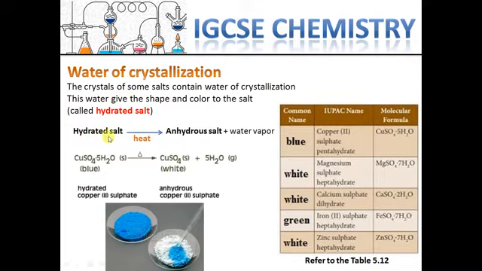Okay, but when we give a heat to hydrated salt, the water can leave the salt in form of a vapor or a steam. The salt loses their shape, their crystallization, because the crystallization or color was made by the water inside.